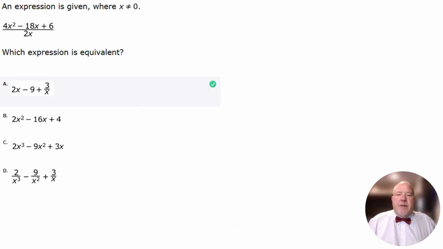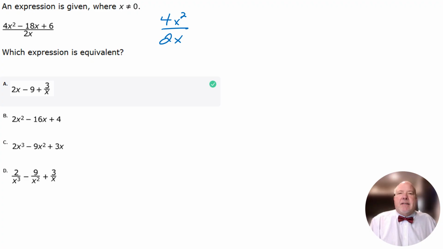So the first thing I'm going to do is rewrite this expression in a slightly different way. If I was just doing this problem on my own, I wouldn't do this, but I just want to make it more clear to you, hopefully, how I'm going about simplifying this. So here's what I'm going to do. I'm going to take each of the top terms, so 4x to the second, and put that over the denominator 2x.